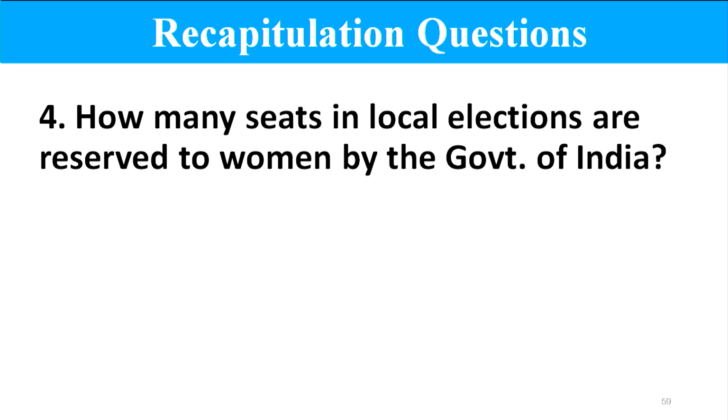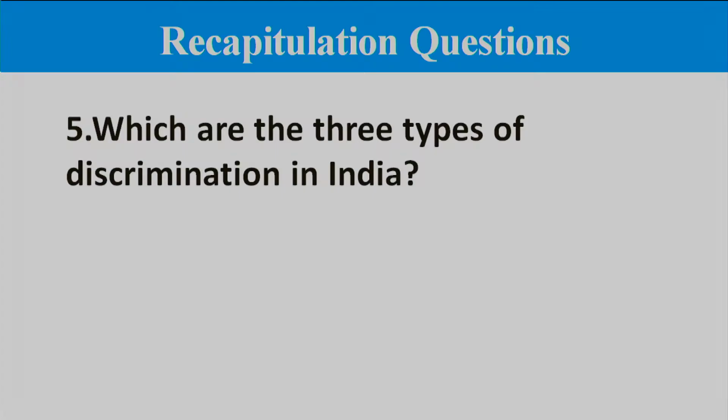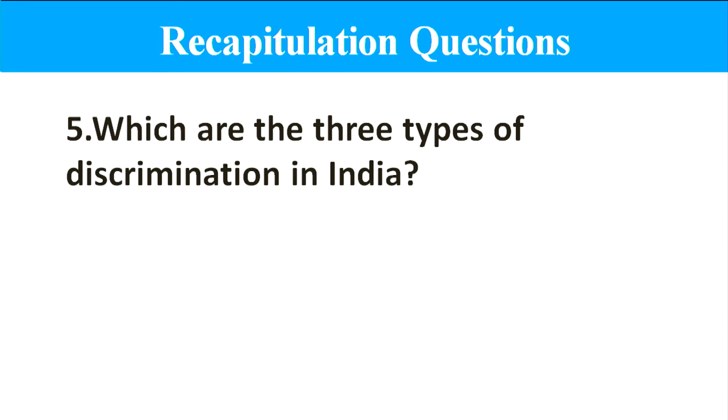How many seats in local elections are reserved for women by the government of India? Yes, I know you are able to answer this question. The government has reserved 1/3 of the seats for women in local elections. Yes, next question. Which are the three types of discrimination in India?